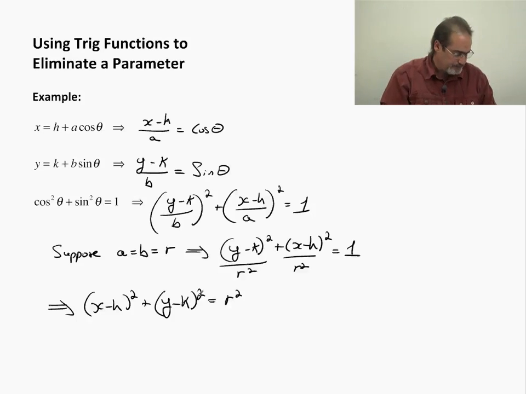This is a circle. This is the equation of the circle where the center is at (h, k). Now, if a and b are not equal, then we end up with an ellipse. Depending on which is bigger, that would tell us what the major and minor axes are for the ellipse.